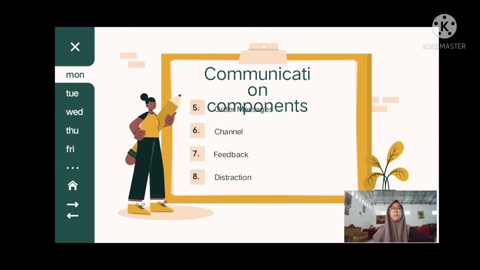Feedback means what you hear and what you say, and your smile or your movement or a slap on the cheek are also called feedback. And the last is distraction. The point is a disturbance in communication that result in differences in the message you receive is a difference from what has been conveyed.